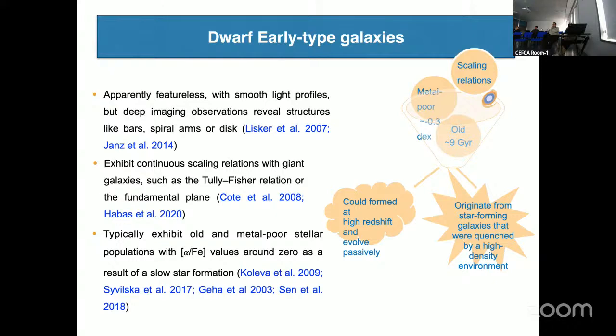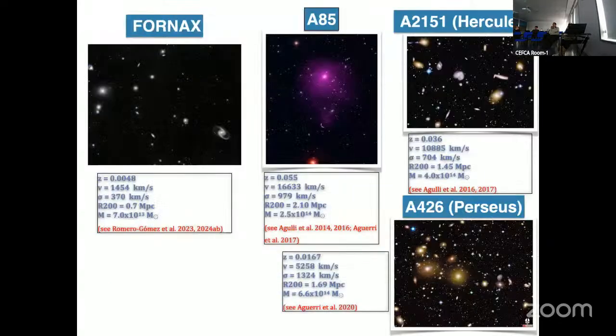Or are they coming from star-forming galaxies, and it's a consequence of the transformation in high-density environments, cluster groups, or even filaments? And this is the topic that I am going to focus on here. In order to do that, we selected 4 galaxy clusters during the last years in the nearby universe with very different characteristics.